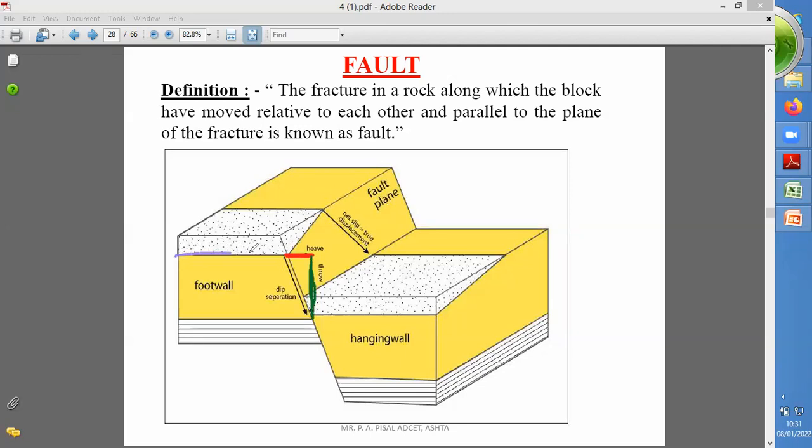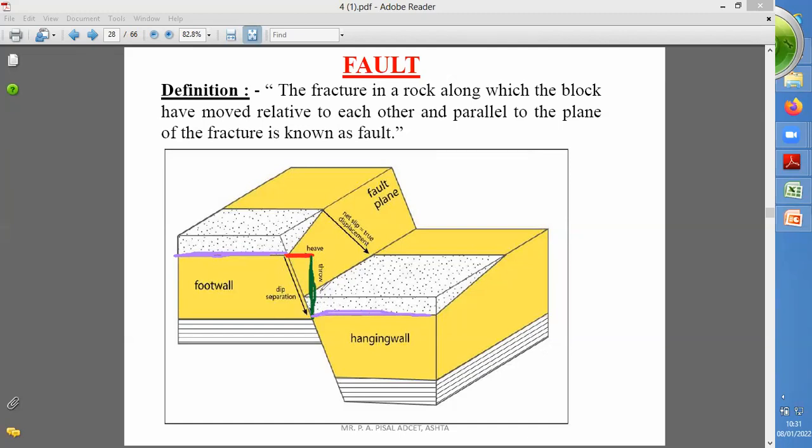So here you can see this is the purple line in this block. Now where is this line in the other block? It is here. So from this purple line to this purple line, the block has moved vertically.